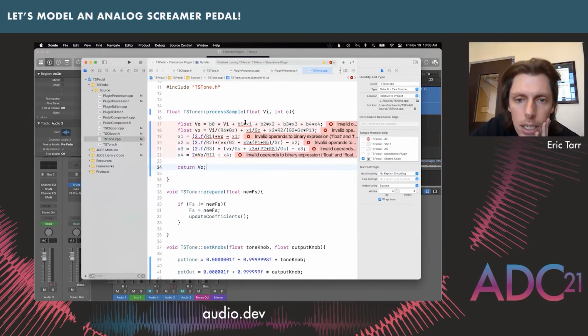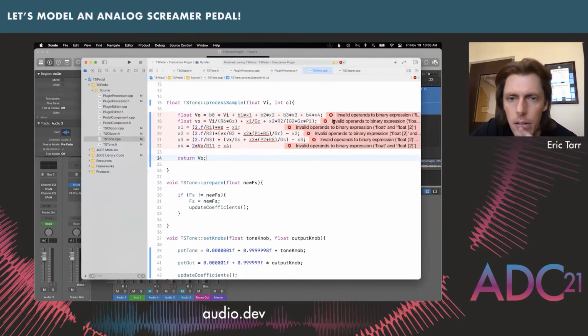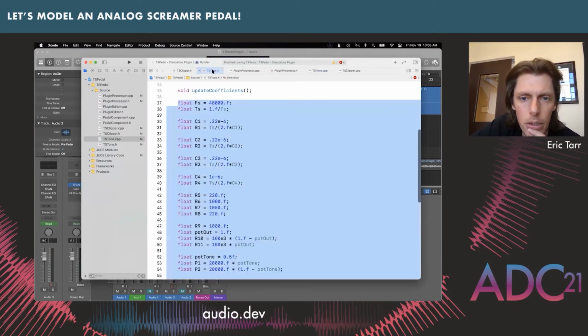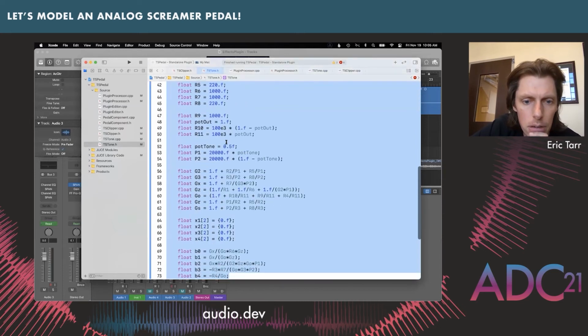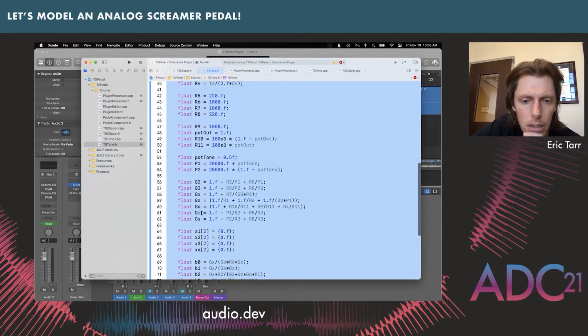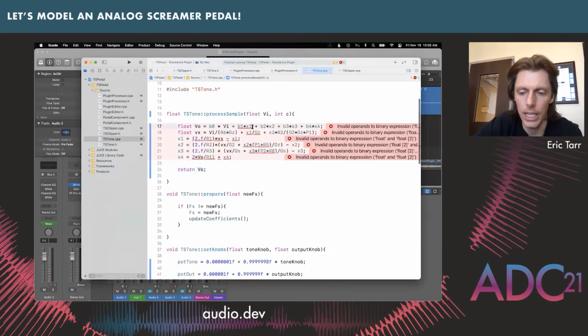Okay, I'm missing something here. Maybe I have not defined something in tone. B0, B1, B2, B3. We need to index based on X1 of that channel.